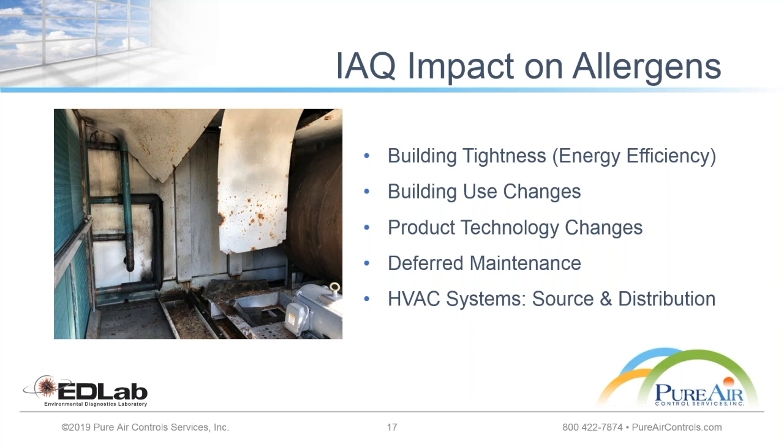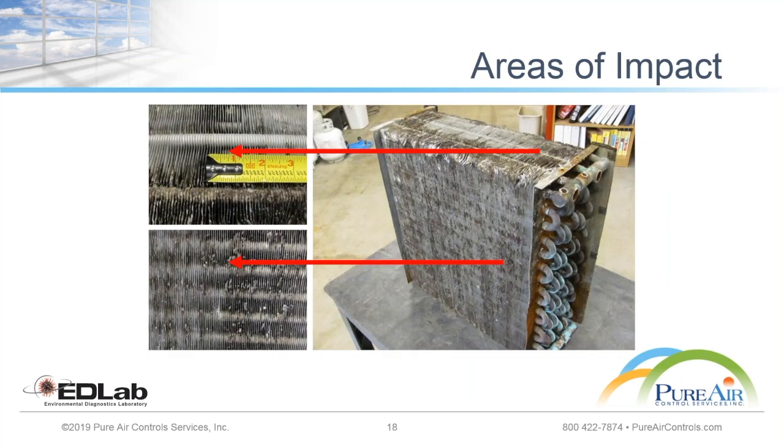But going off of the HVAC system as both a source and distribution point, we look at that area of impact, which is essentially the evaporator coil. Yes, in the evaporator coil, I guess many of you are aware that there are several different components, such as fin and coil.